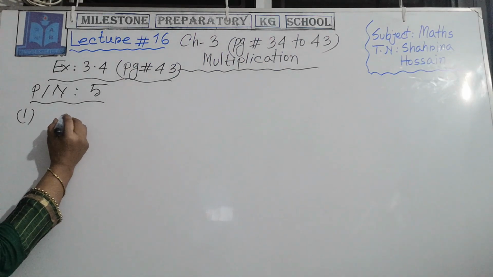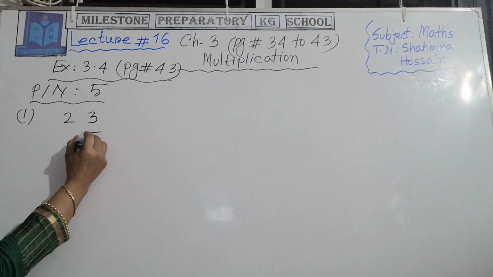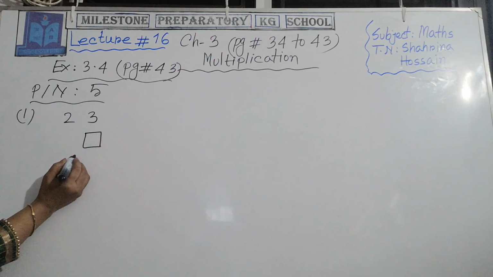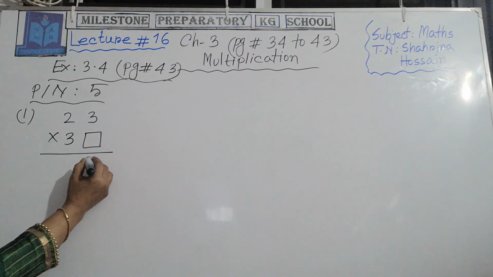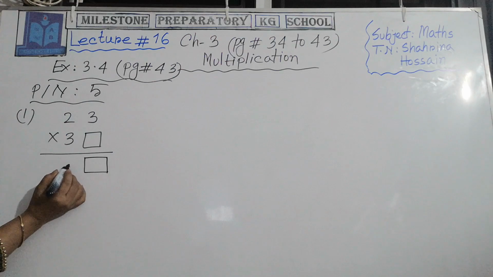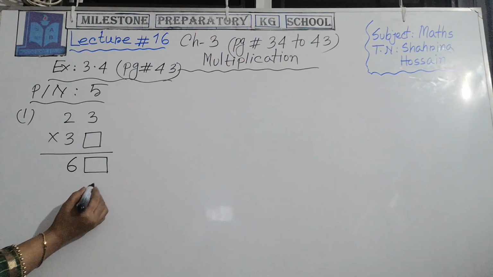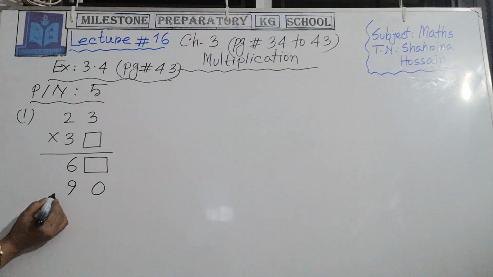First math, 23, then box, 3. Now there is the box and the answer is 6, and here 0, 9 and 6.